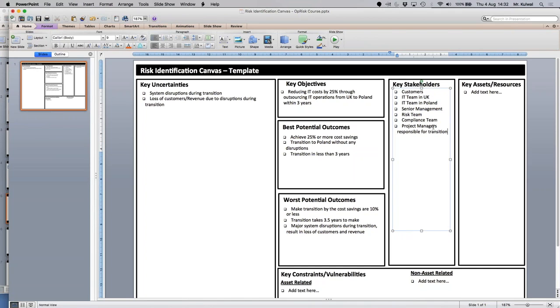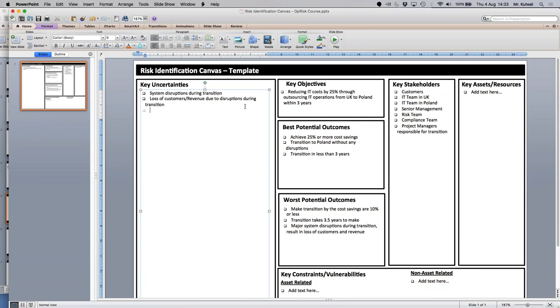Okay, and now based on this, the idea here is, do any of these stakeholders then help us identify any uncertainty? So let's, do you want to post some examples of, are there any uncertainties which could be associated with these key stakeholders?